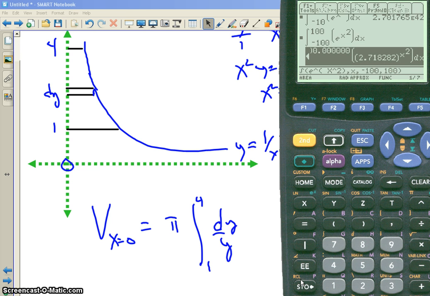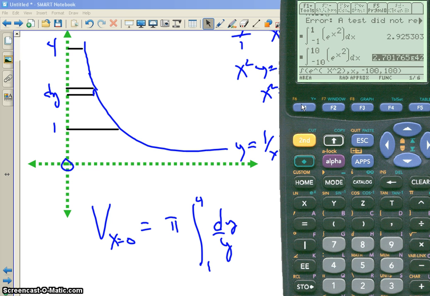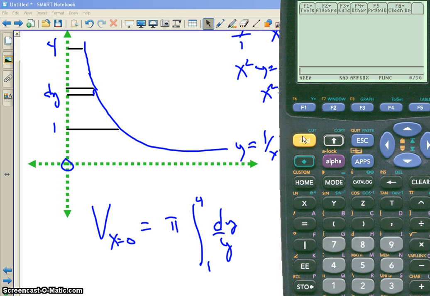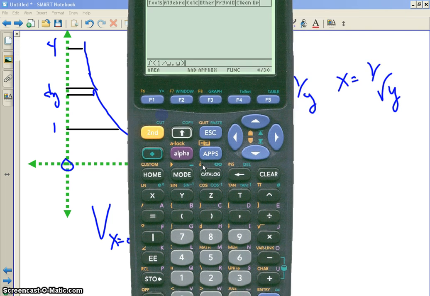So we'll just do this one numerically, that's all. So secant 7, no, wait, clear that. Secant 7 of 1 over y with respect to y. And yes, Hal knows that that's ln, okay?